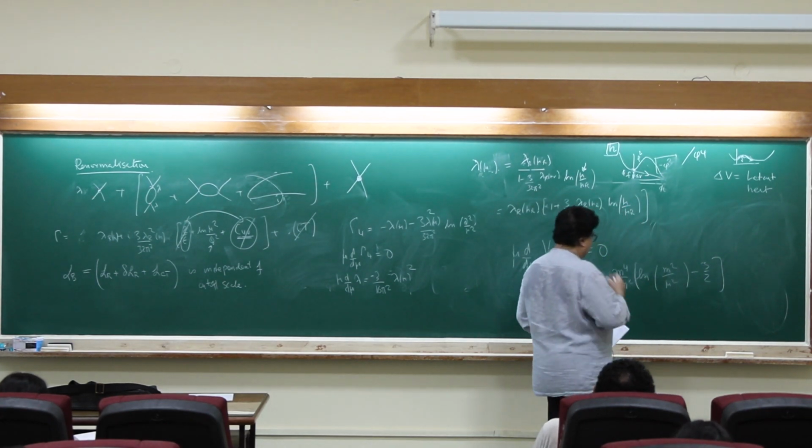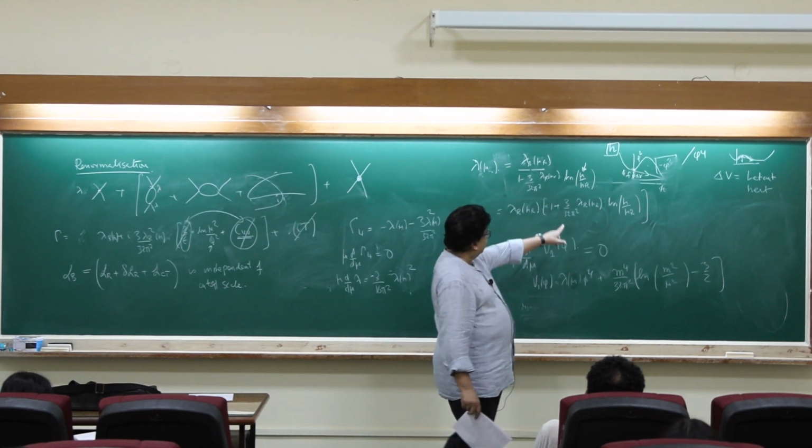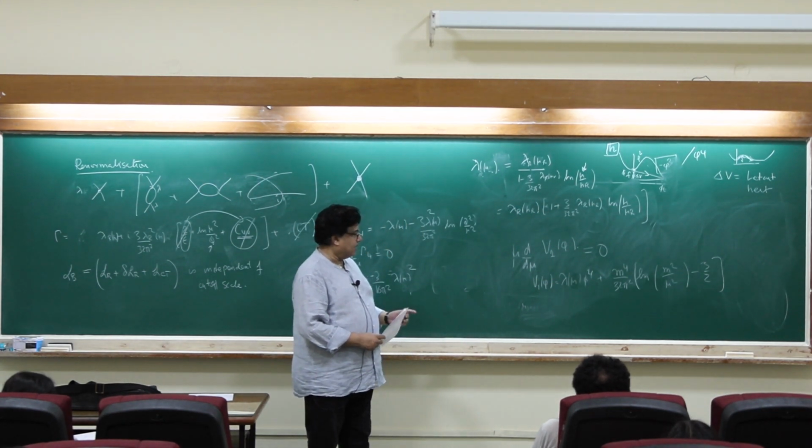This 3 by 2 will play a role in making this 0. That 3 by 2 is that 3 here, which is renormalizing lambda.